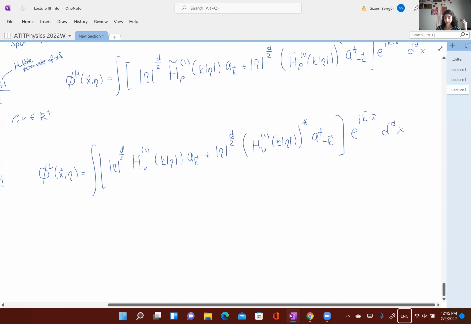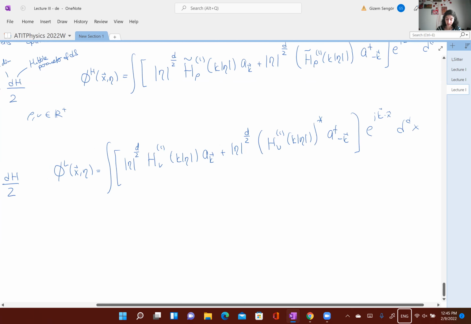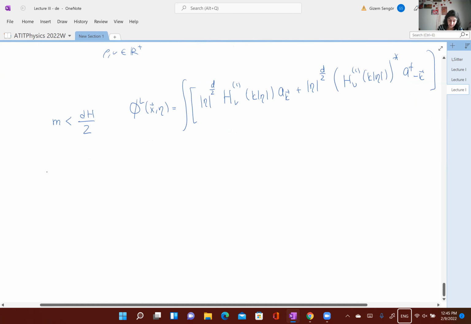Now, you know the properties of Hankel functions. You know how to take limits as the argument goes to 0, as the argument goes to infinity. So if you look at it as eta goes to 0, this is the late time, you just study what the Hankel functions do in this limit. And it turns out that these fields come to be as follows.